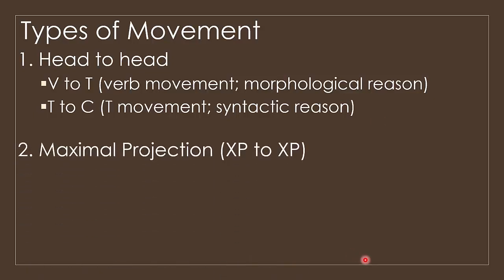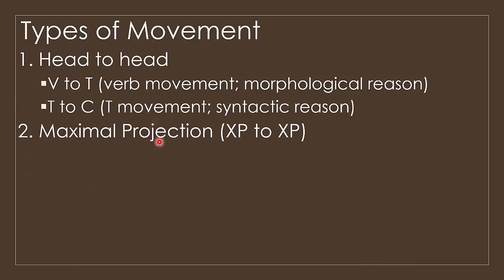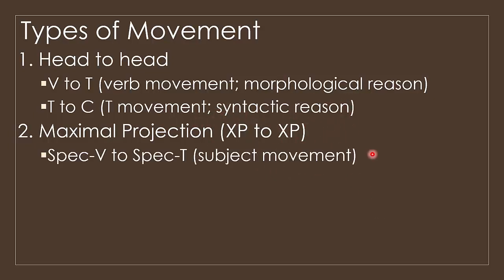And then the second type of movement is the maximal projection. This is an XP to an XP, the position of a maximal projection to another position of a maximal projection. Here we have NP, which moves from the specifier of V to the specifier of T because of a subject requirement, that every sentence in English should have a subject.